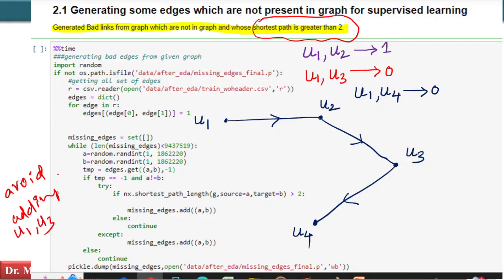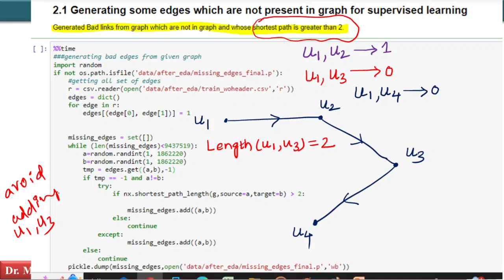The length of the path. What is the path length here? The length of the path between u1 and u3 is 2, isn't it? That's what it says.